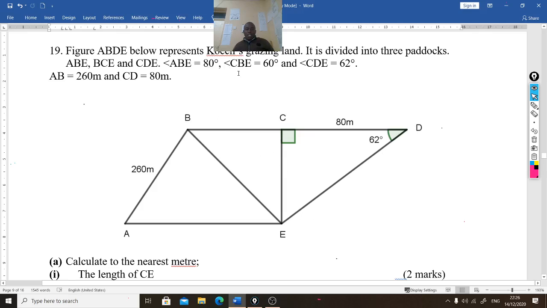Angle ABE is 80. I'm told this angle here is 80. Angle CBE is 60. This angle, I'm told, is 60.